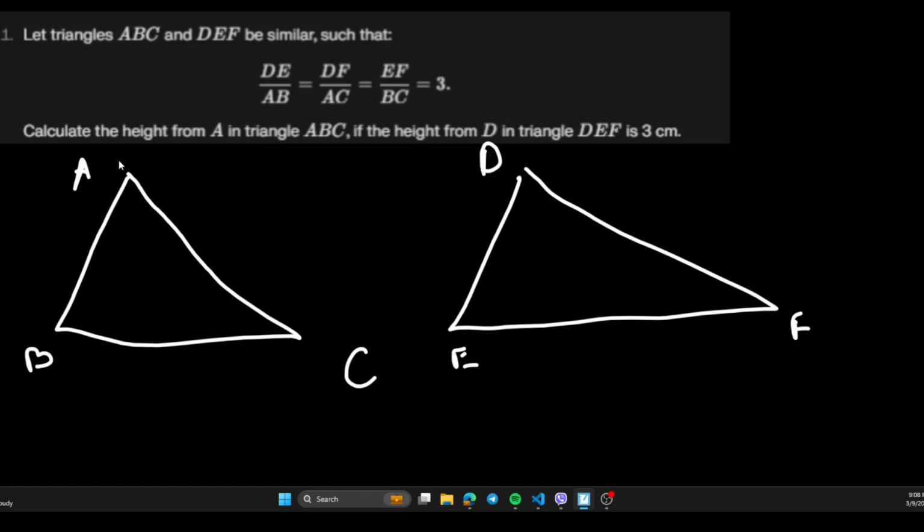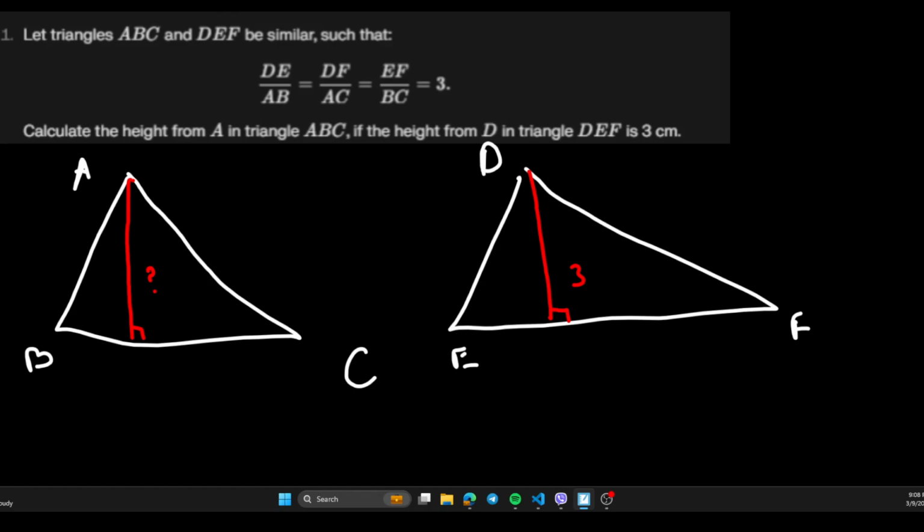So if we know that D's height is 3 centimeters, here's 3 centimeters, and you need to find this one. This one is pretty simple.